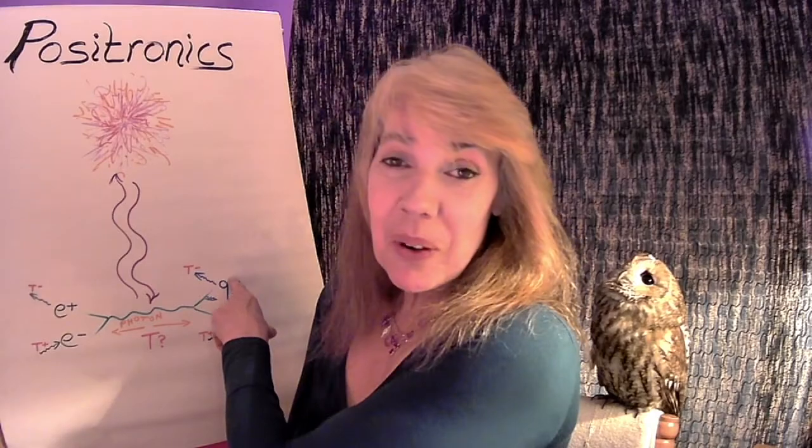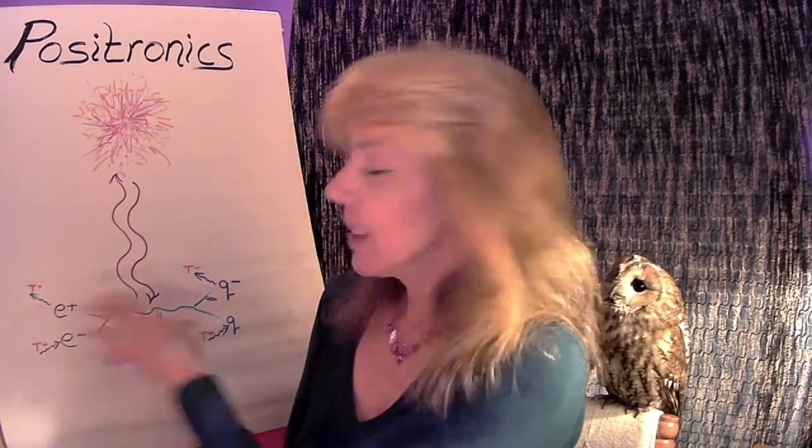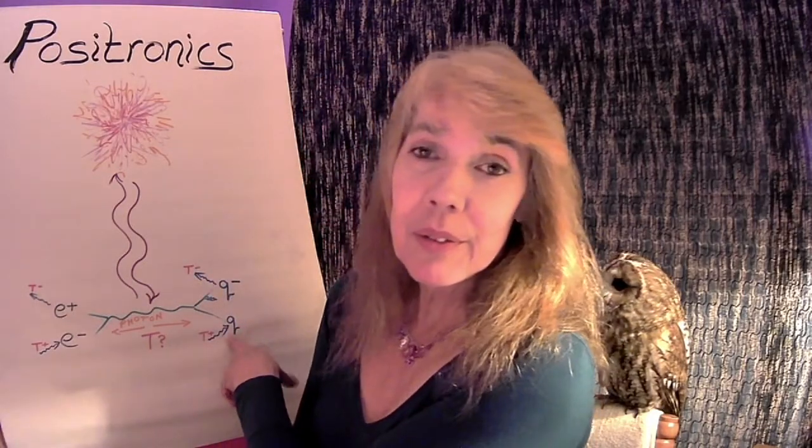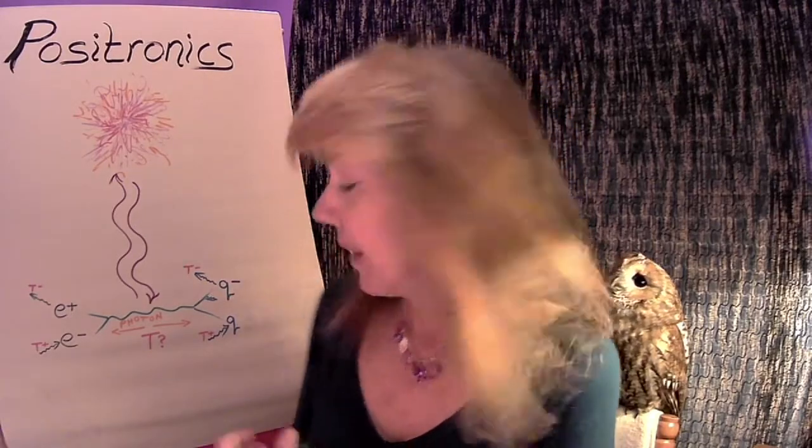The antiquark is doing exactly the same as the positron. It's travelling backwards in time, while the quark, the familiar particle that we're partly composed of, is travelling forwards in time. So here we are, merrily galloping on with our quarks going in the same trajectory as our quarks are and our electrons.